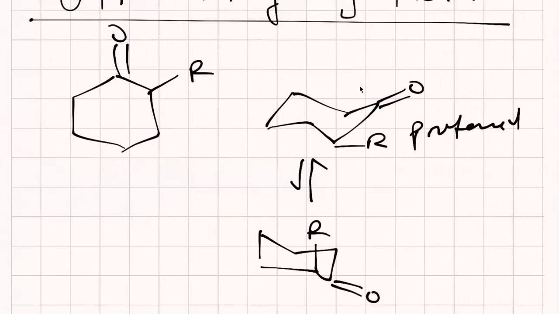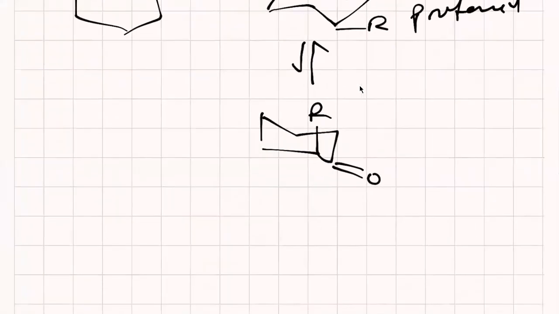If you have a similar system, but your R group is something different than just a regular alkyl group, then the dynamics change and the preferred isomer also changes.